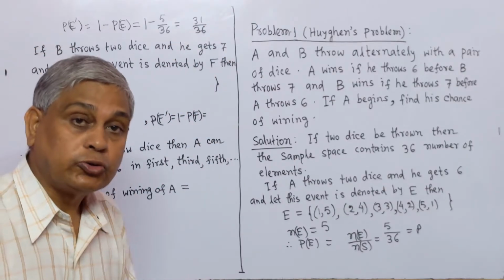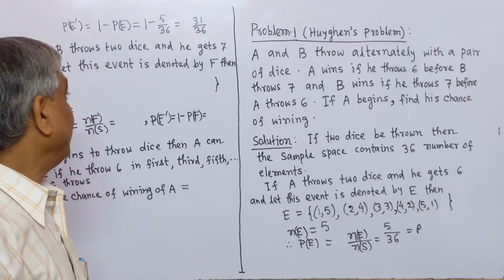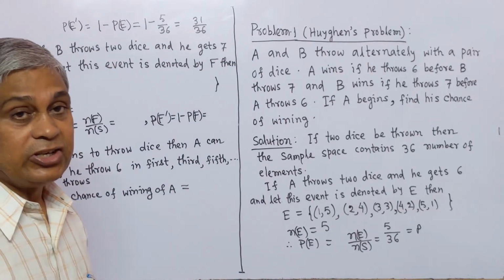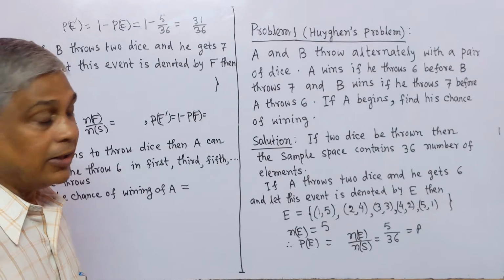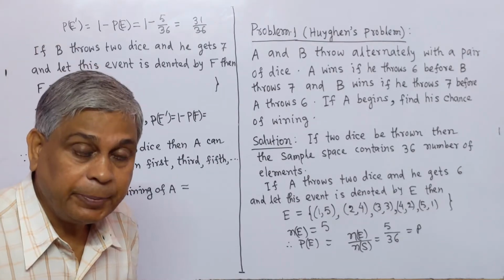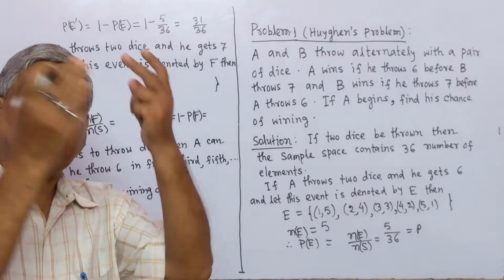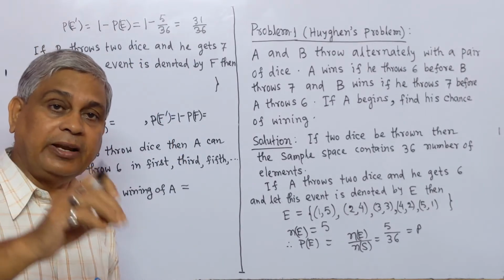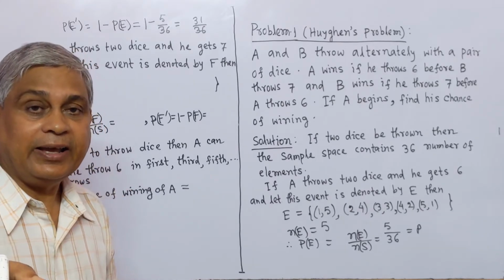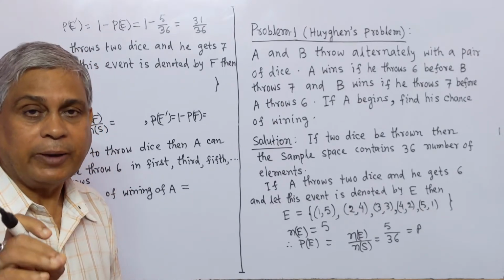If B throws 2 dice and he gets 7, and let this event be denoted by F, then F is the sum 7. That means if he throws 2 dice, if in the first die 1 appears, then in the second die 6 should appear.